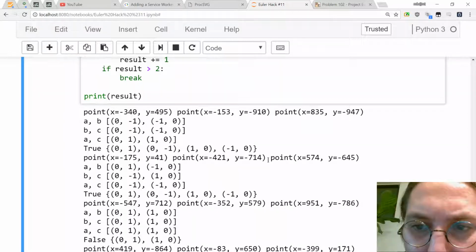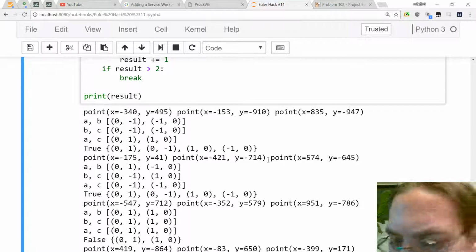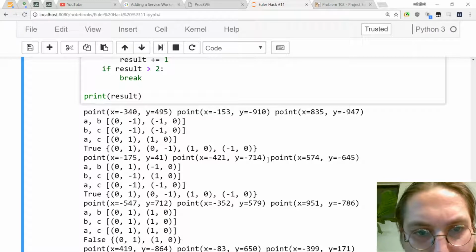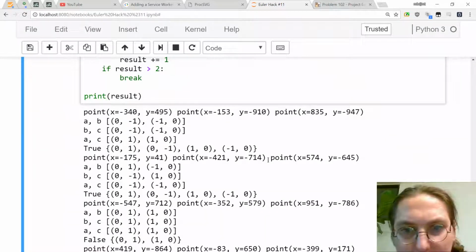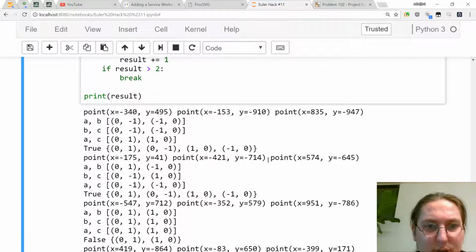Maybe, wait a minute, maybe I have it wrong. So Y is negative and B is more negative. No, I have it right. So BC intersects in the south.